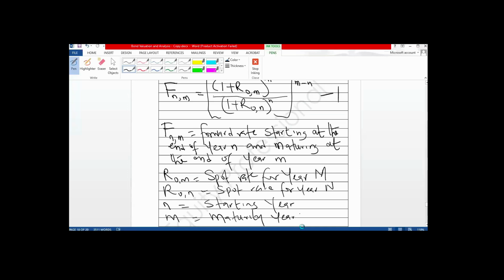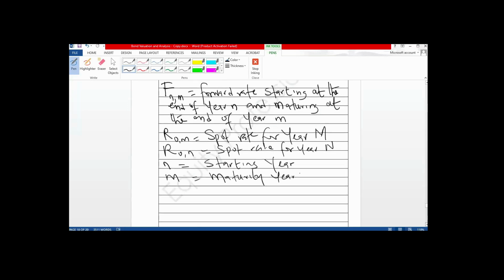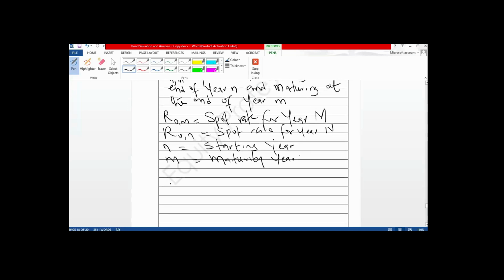Now, the examiner says estimate 2 years at the end of year one. Requirement A says A1, estimate 2 year forward rates at the end of year one.